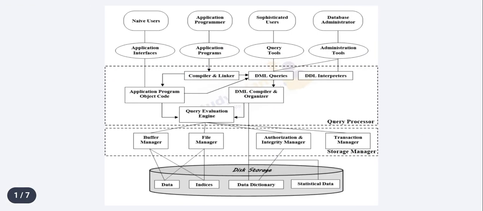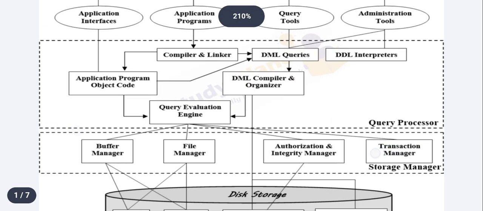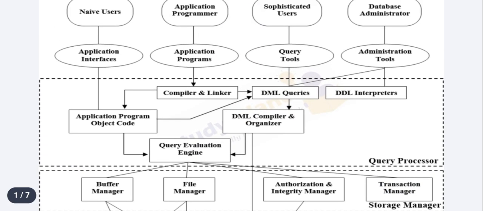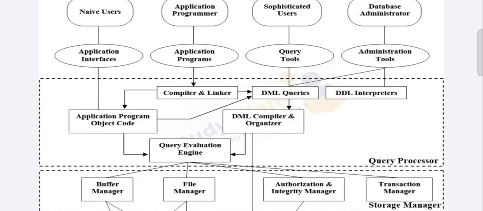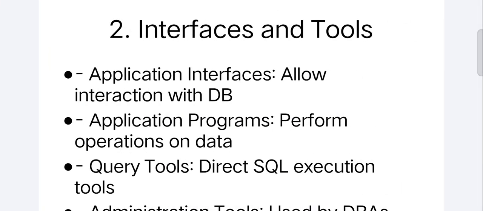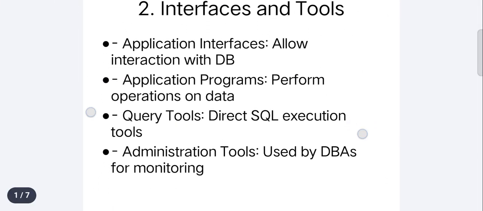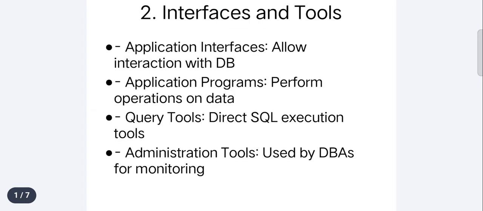And second one is interfaces and tools. Interfaces and tools contain application interfaces, application programs, query tools, and administration tools. Let's see them one by one. First one is the application interface. It allows interaction with a database.